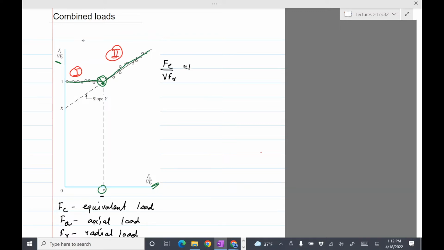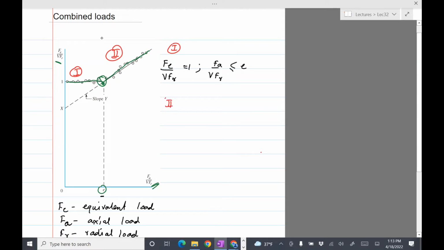Okay, and that happens till the x coordinate. In this case, the x coordinate is V times FA divided by V times FR is less than or equal to e. So this is the first part of the curve.